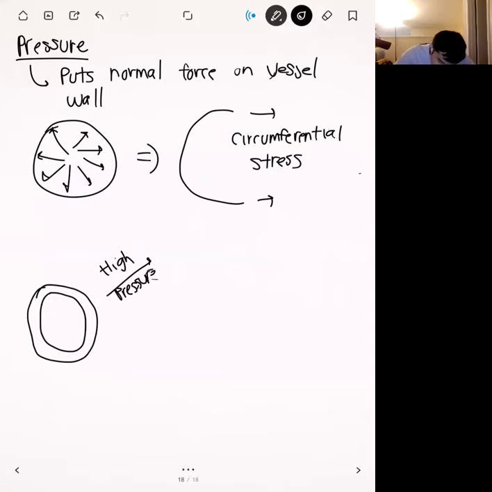If the pressure increases, it is going to induce much higher circumferential stresses around your blood vessel wall. To alleviate those stresses, the vessel makes its wall thicker.